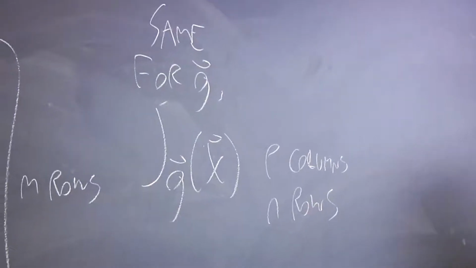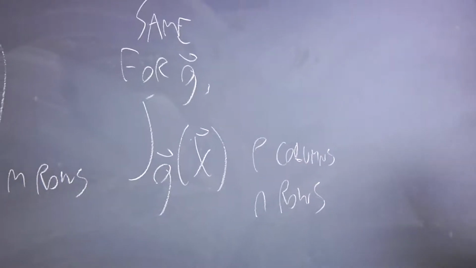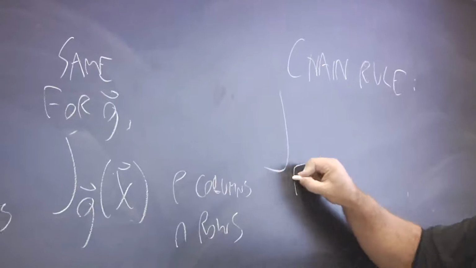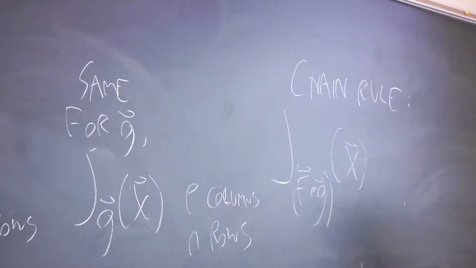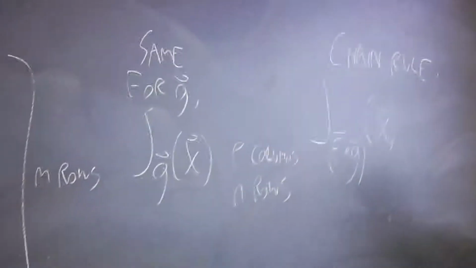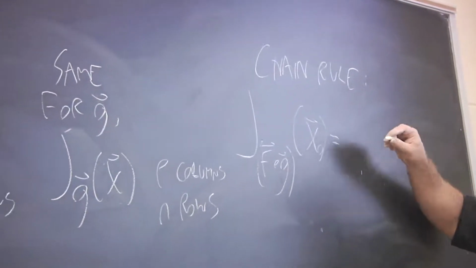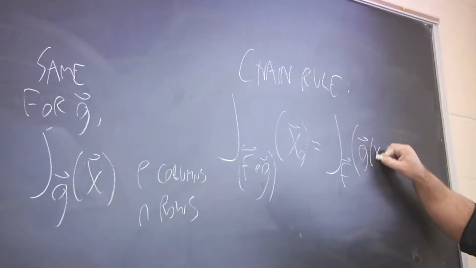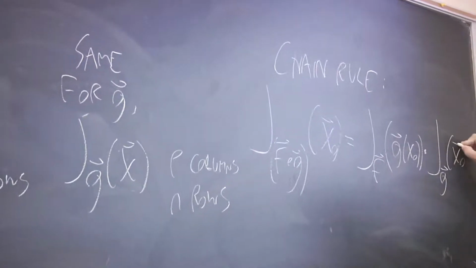But I want to see how the multivariable chain rule really is the same as the single variable case. So what the chain rule says is that the Jacobian matrix of the composition f composed with g at any point x, we'll say x naught, is equal to the product of the Jacobian of f evaluated at g of x naught multiplied with the Jacobian of g evaluated at x naught.